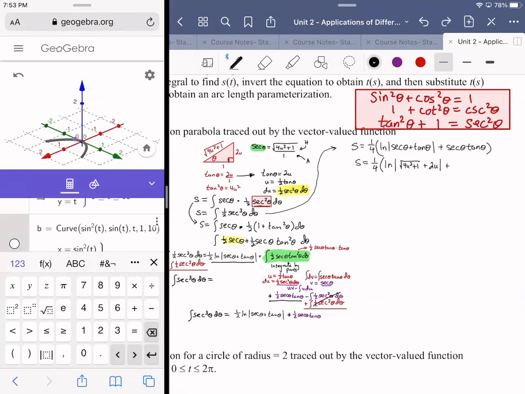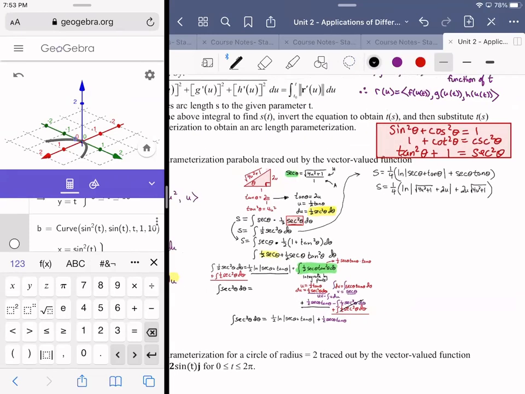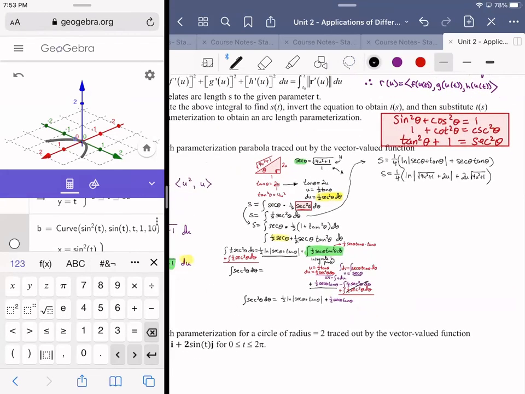And so we can make those substitutions again: square root of 4u squared plus 1 times 2u. So I can just tuck that in front. All right, so that's what S would be in terms of u now.